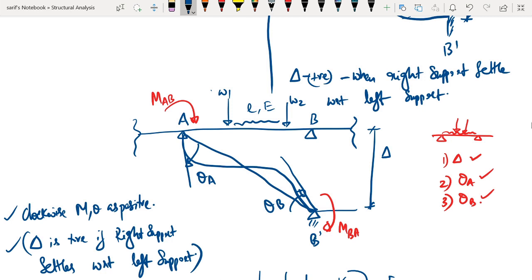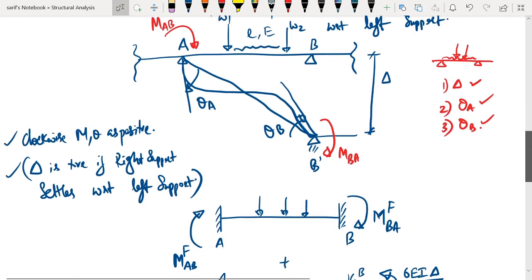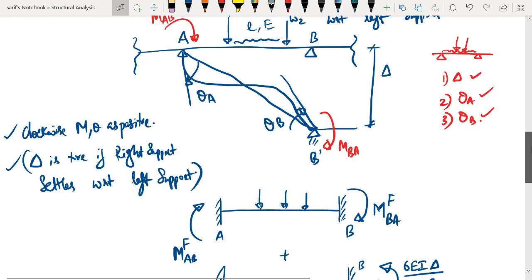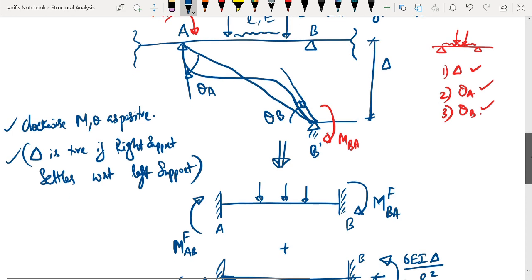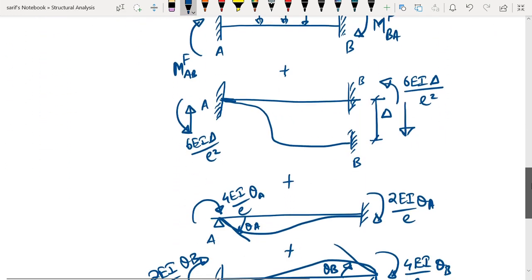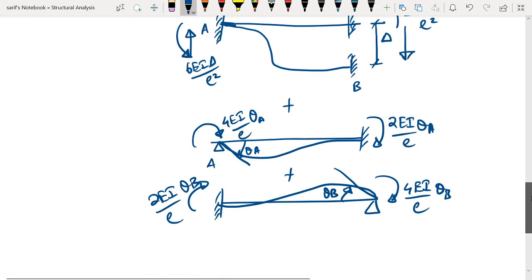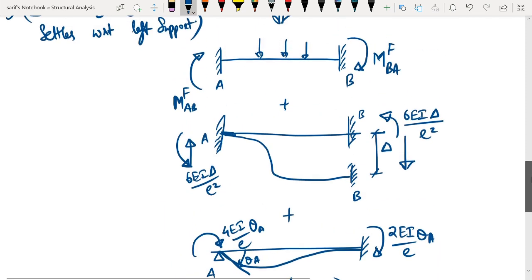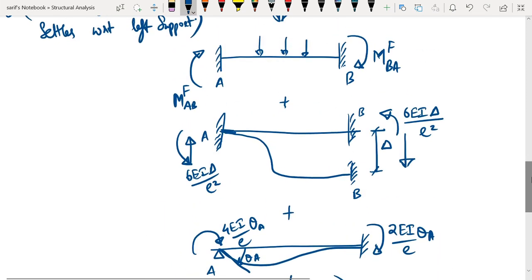So let us try to write equations for MAB and MBA. Basically, this case is equivalent to the sum of the four cases.